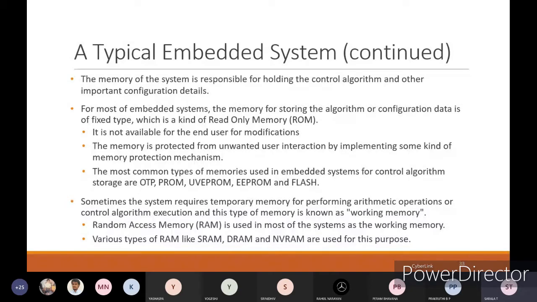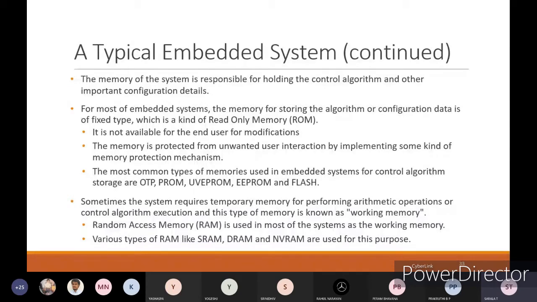Here you can run your algorithms and do operations like arithmetic operations, multiplication, addition, whatever operations have to be done with respect to the data. Those operations can be run in this working memory area. Random access memory is used in most systems as working memory. Various types of RAM are SRAM, DRAM, and NVRAM.